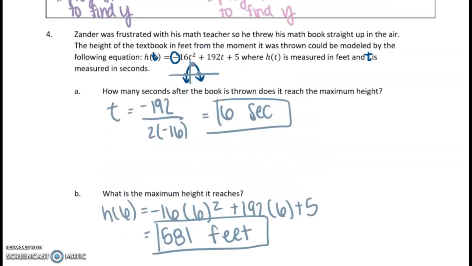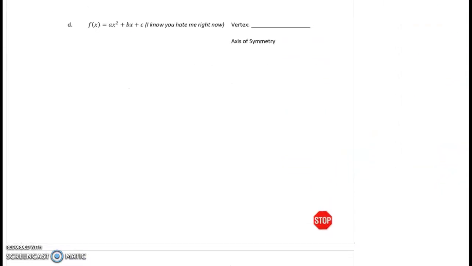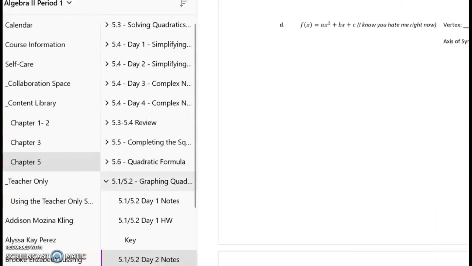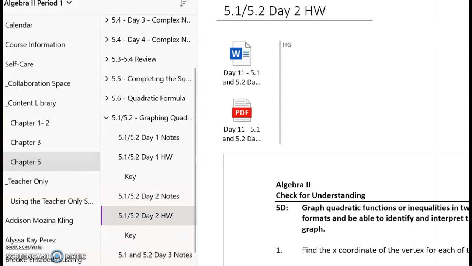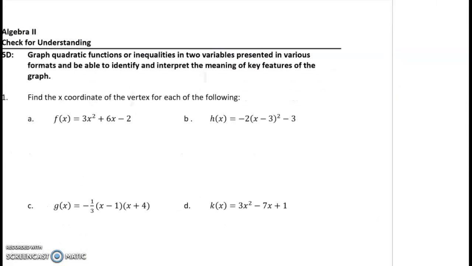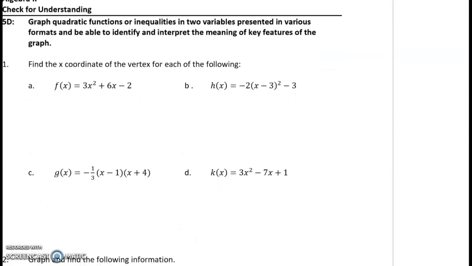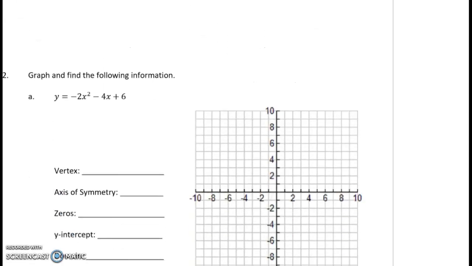Whew. All right, so again, don't worry about those two questions that we skipped. If you need to pause the video so you can write things down, please do. You are working on your 5-2 day 2 homework. So finding the coordinates of the vertex, whether you choose to complete the square or opposite of b over 2a, here you might need to use a different rule.